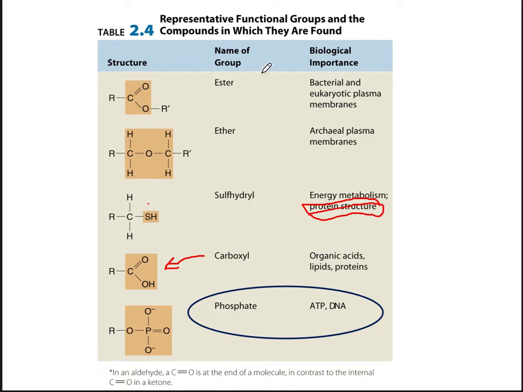I don't think I ever really talked to you about ester or ether, sorry. So I'm not too concerned about these. But carboxyl groups come up a lot, and phosphate groups, of course, are super common to give us ATP, cellular energy, and also to give us DNA. So definitely should be familiar and comfortable with phosphate groups. Okay.